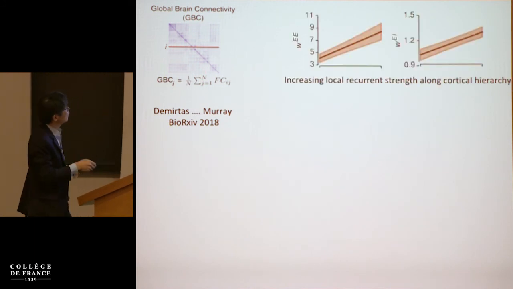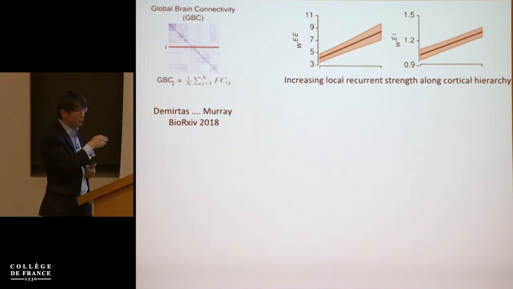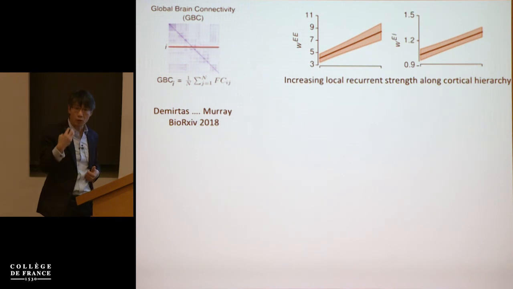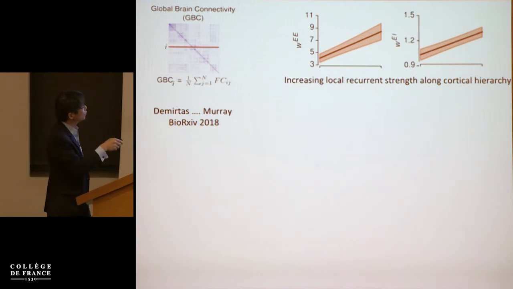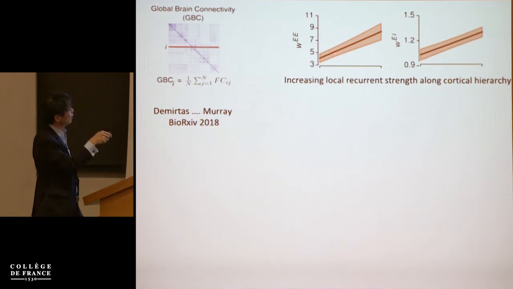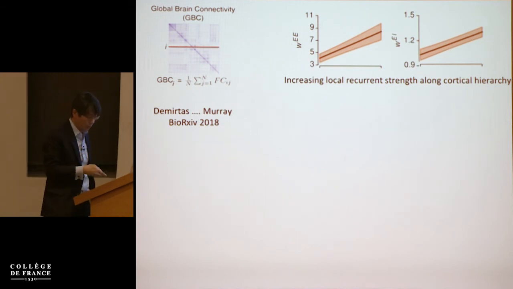And then you can ask, can I account for this kind of data better in the model with or without a gradient in the model? So when they introduce the gradient, so far, they introduce a very simple gradient of excitation and inhibition in the local circuit.